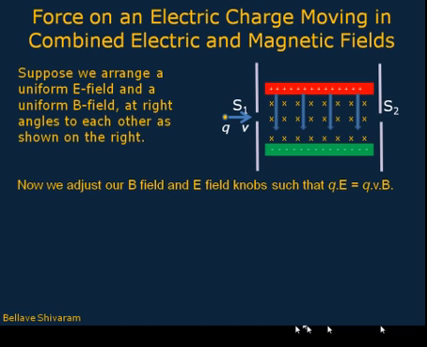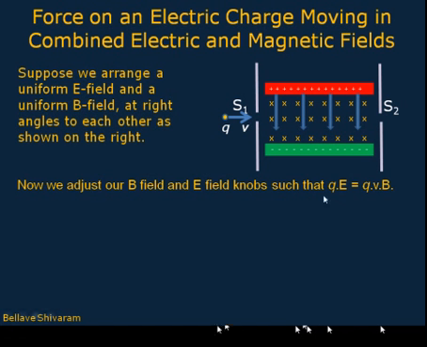Now we adjust our knobs so that the magnetic field and the electric field are adjusted to satisfy the condition that the charge times the electric field, the electric force in magnitude, equals Q times V times B, the magnetic force in magnitude. Now let's see how the two forces are arranged here. A positively charged particle will be pushed downward by the electric field. The same particle moving with a velocity v in this direction, since the magnetic field is into the board, will be pushed upward.